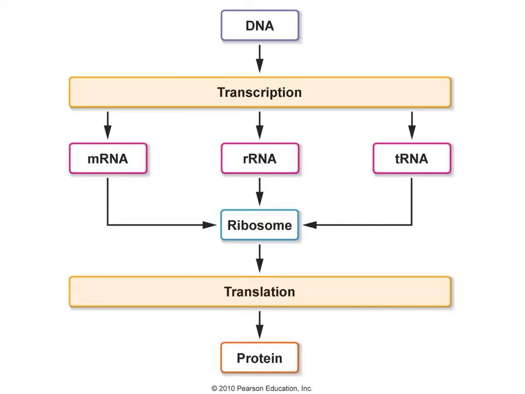In Chapter 10, we're going to talk about DNA replication, but then we're going to spend a few lectures talking about the rest of this flow chart. Because DNA is used in a number of ways, this illustrates one of those, and that is the expression of the information that is contained in that DNA.